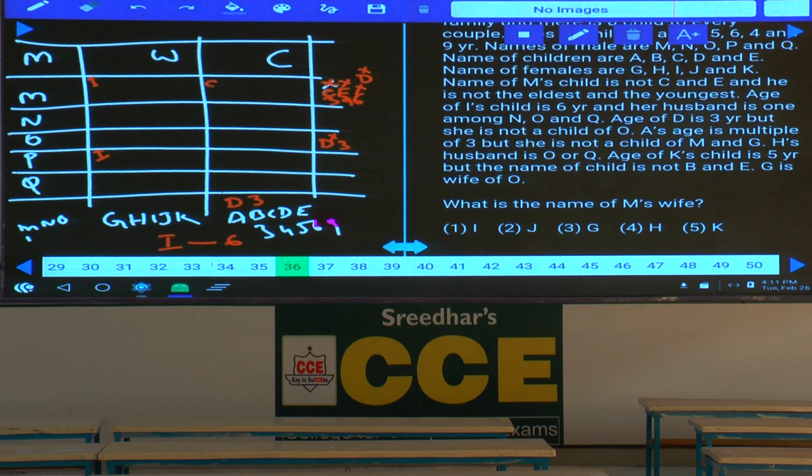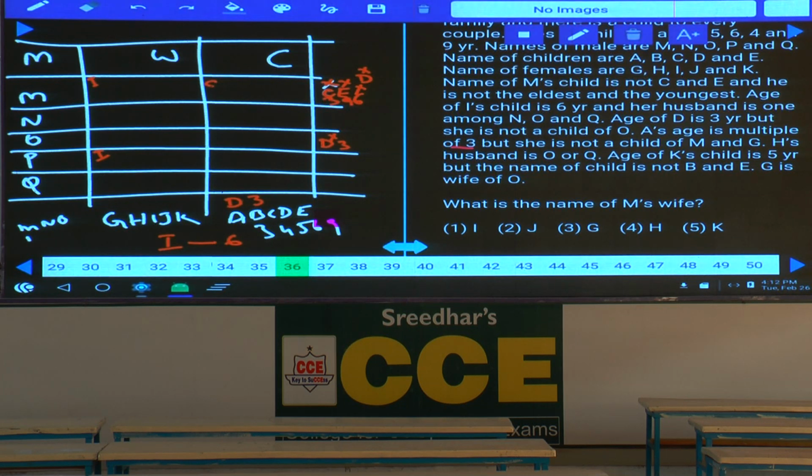D can be the child of either N, P or Q. Then A's age is a multiple of 3. As A's age is a multiple of 3, A should be either 6 or 9. I is different and A is different, isn't it? Now this A can be either 6 or 9.